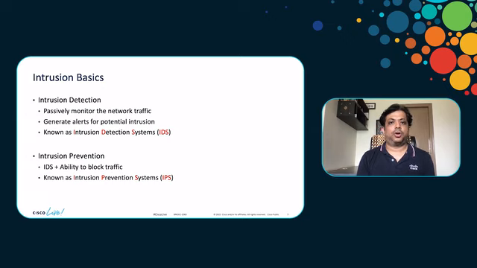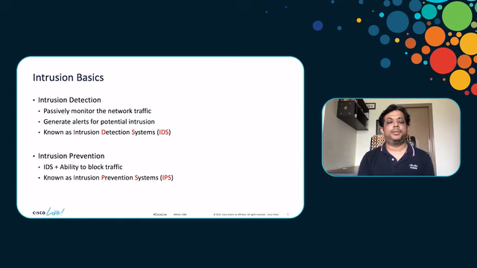These systems are known as intrusion detection systems. Moving on to the next mode of deployment, which is the intrusion prevention system, also known as inline deployment. Now, in this case, the device will act as a bump in the wire where it inspects all the traffic that is passing through it by evaluating them against the signatures that have been enabled. Based on the matching condition, it would trigger the action associated with that signature.